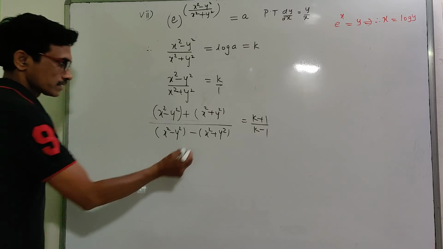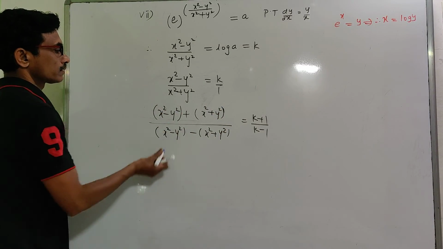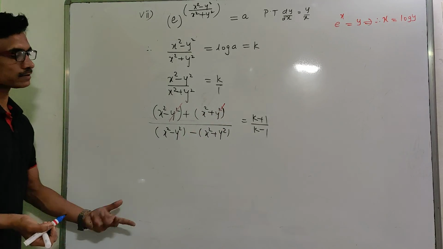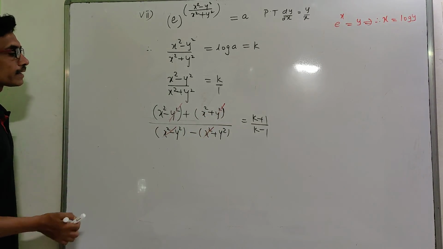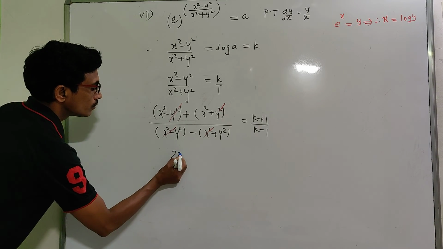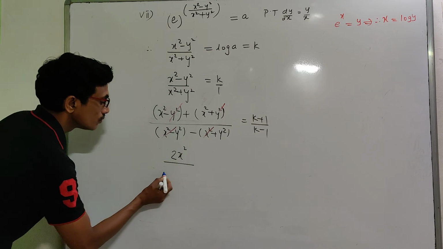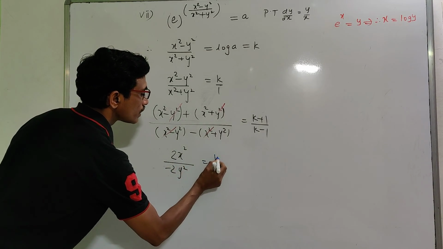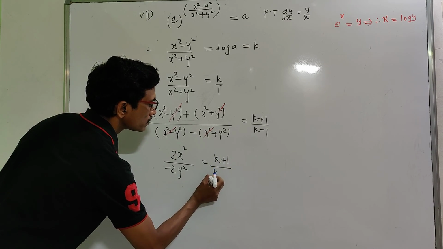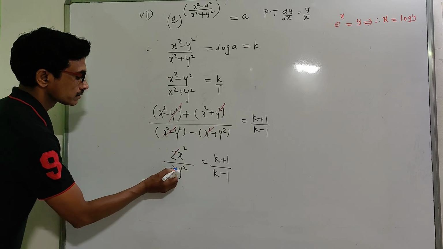So what we can cancel over here: minus y square and plus y square is getting cancelled. Here x square and minus x square is getting cancelled. So it will be 2x square upon minus 2y square is equal to k plus 1 upon k minus 1. Again this 2 is getting cancelled.